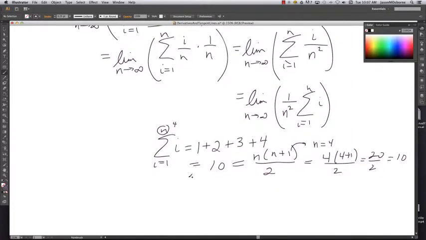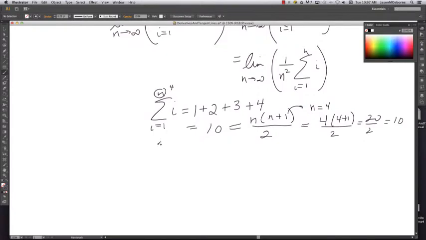So what I've just indicated here is a summation that you should probably know and write down. Summation i equals 1 to n of i. If you add up the numbers 1, 2, 3, 4, 5, 6 up to n, that will sum up to n times n plus 1 divided by 2. And we can use this formula to replace this summation with a formula that has a bunch of n's in it.